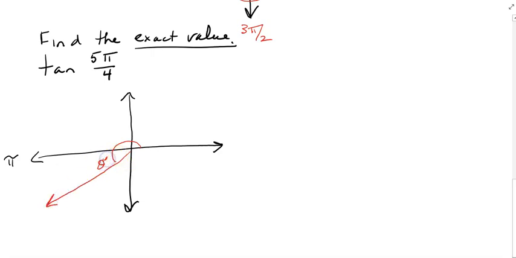Here's your reference angle between the x-axis and that terminal side. Well, it's going to be 5 pi over 4 minus pi. We're left with pi over 4. So it's simply a pi over 4 extra. So this equals pi over 4.